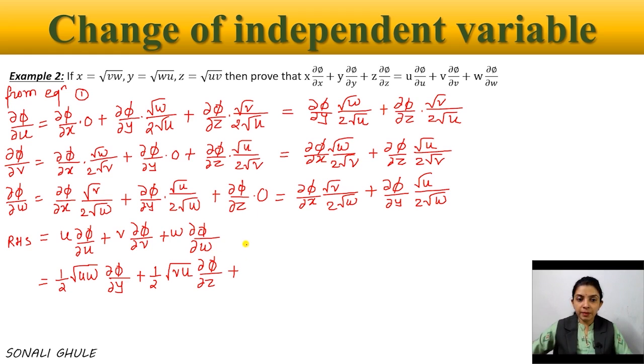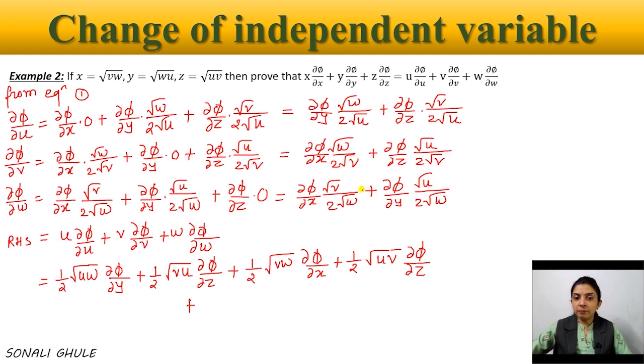So what is remaining then? 1 by 2 root vw, yes, phi with respect to x plus 1 by 2 root, this term multiplied by v, so that will be uv phi with respect to z plus, now the last term dou phi by dou w, and we have to multiply it by w.